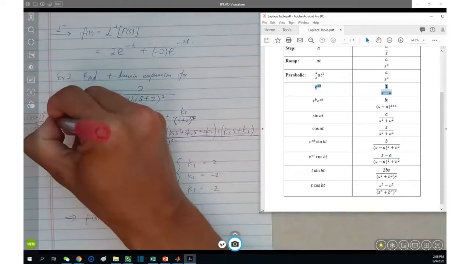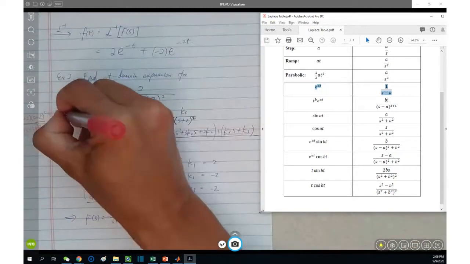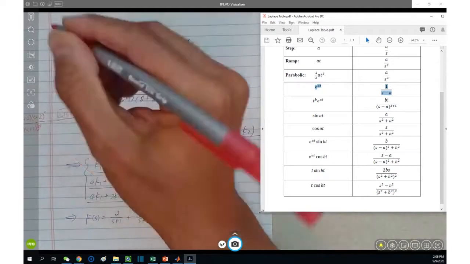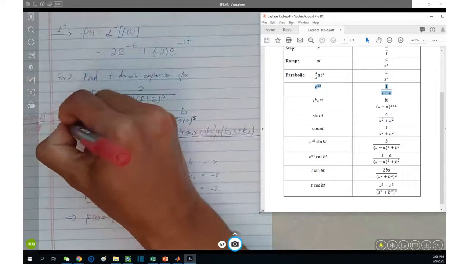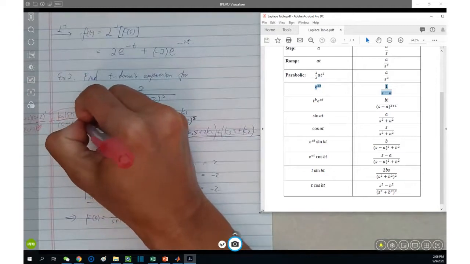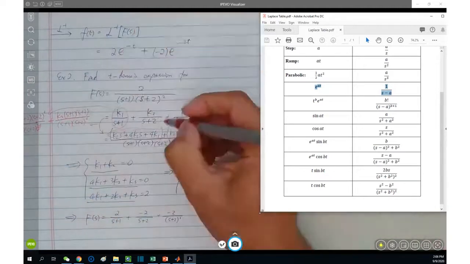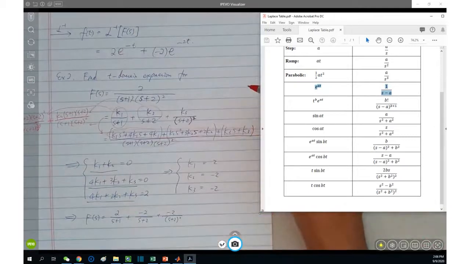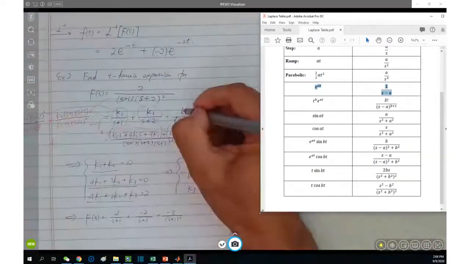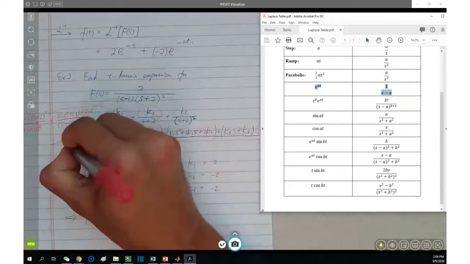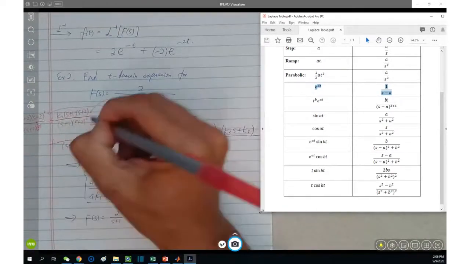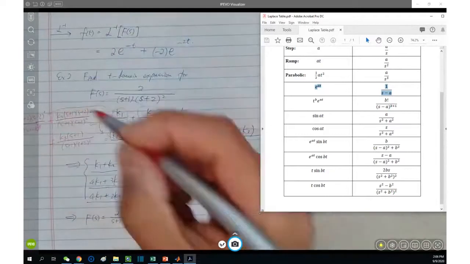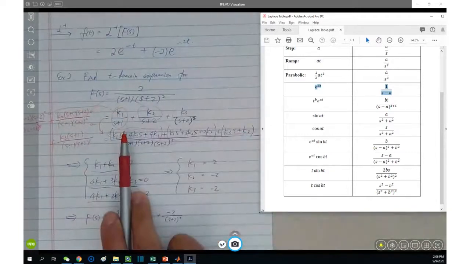And then the second one, k2 times s plus 1 times s plus 2, with denominator s plus 1 times s plus 2 squared. This is the second term, right? And plus the third term: the denominator is s plus 1, s plus 2 squared, and the numerator is k3 times s plus 1. Okay, so this is how we come up with this.